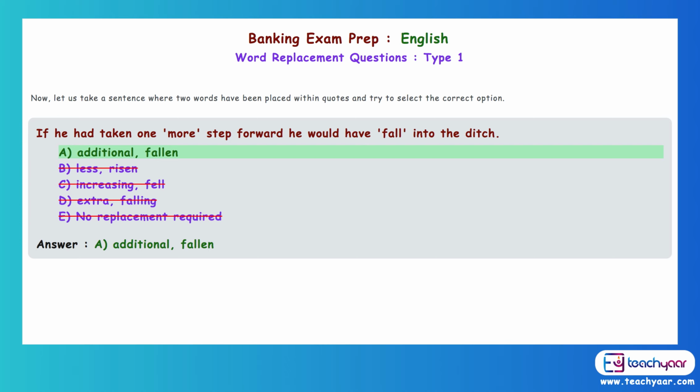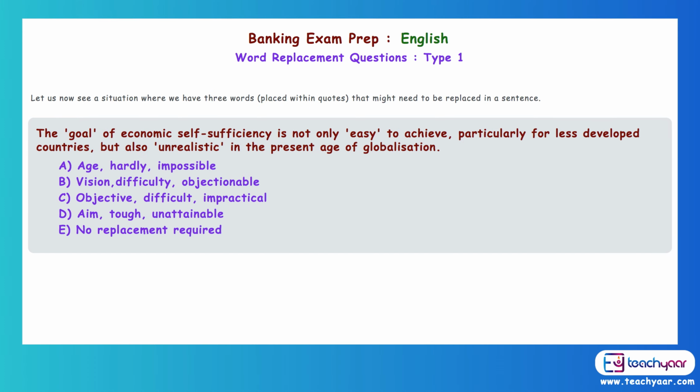Now we will move on to the next type of sentence, which is usually asked for the bank exam prep, which is 3 words which have been highlighted. Now this becomes more difficult as we move forward because you really need to understand the meaning of the sentence.